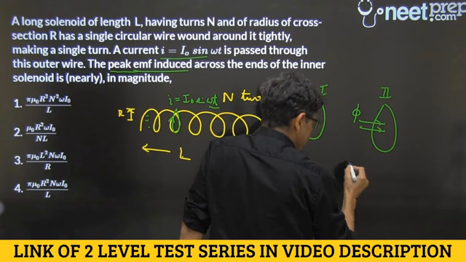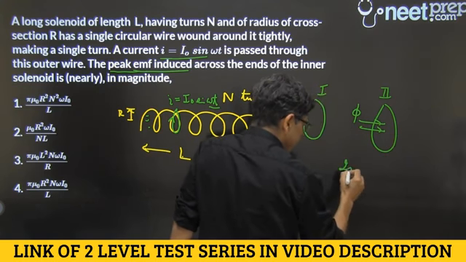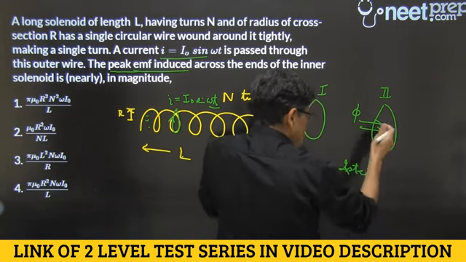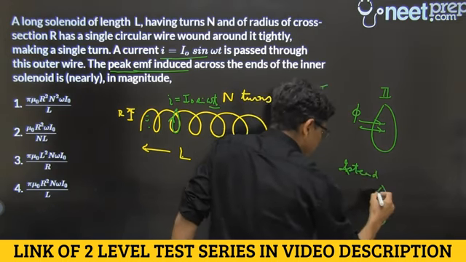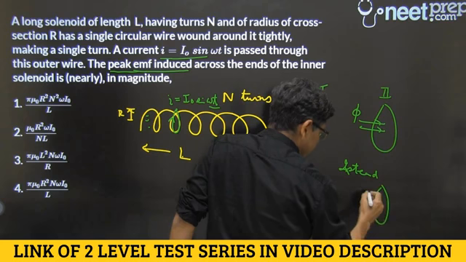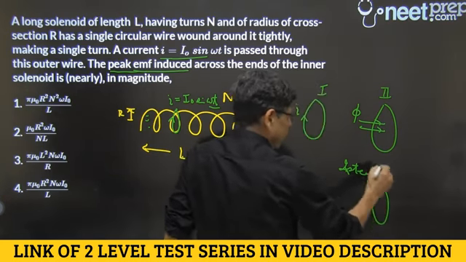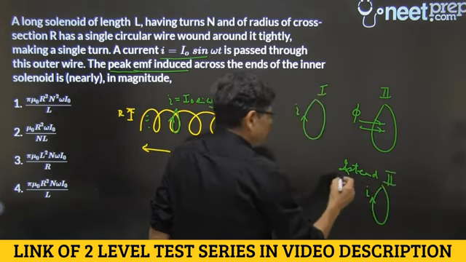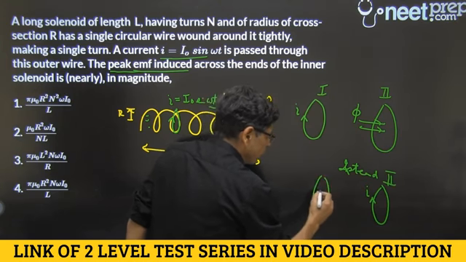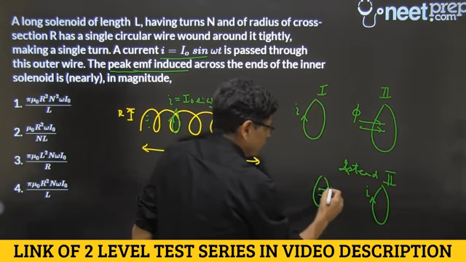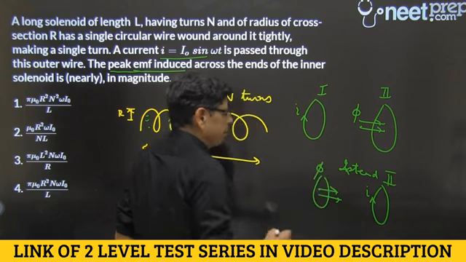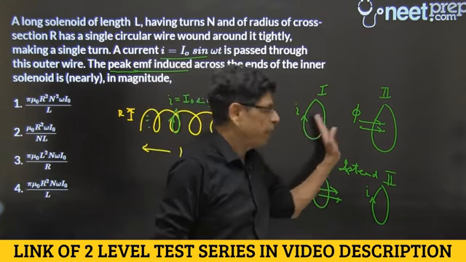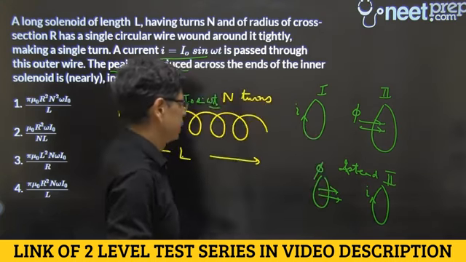If you pass instead, suppose you were to pass the same current I through coil 2, then coil 1 will also have the same flux phi. This is the idea of mutual inductance.